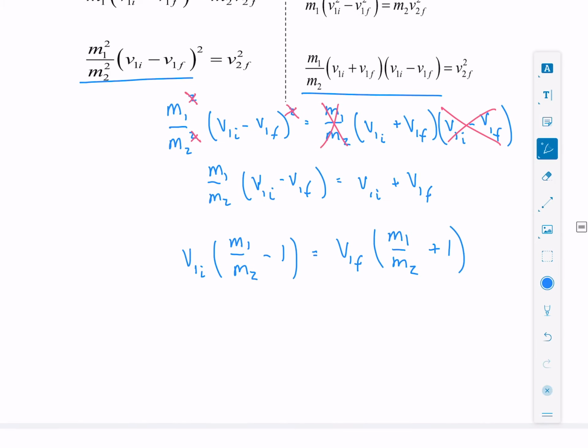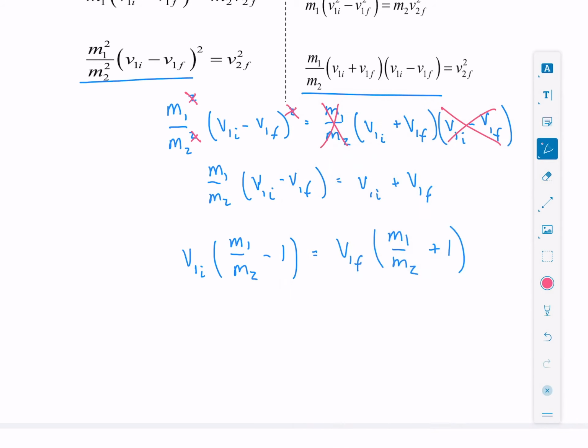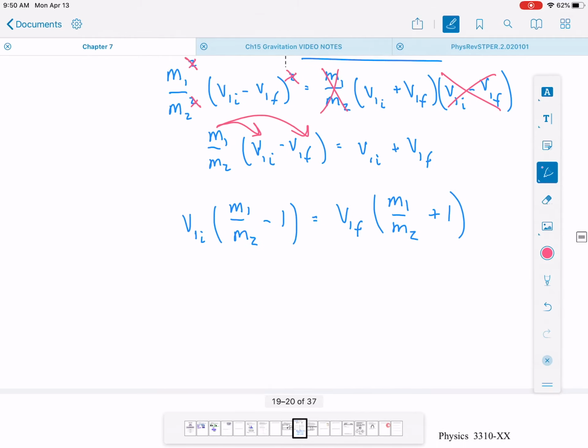So again, I skipped some steps because I was running out of room. If you want to do the algebra all the way through, you have to distribute this and then put V1 initials on one side, V1 finals on the other side, and then pull it out.